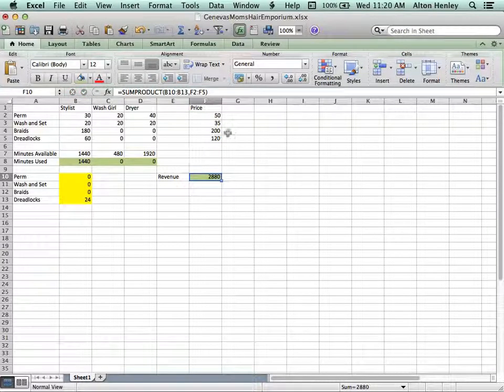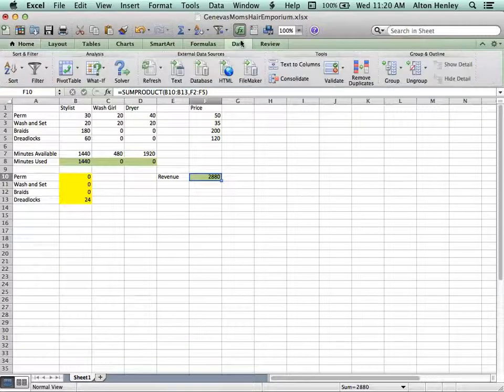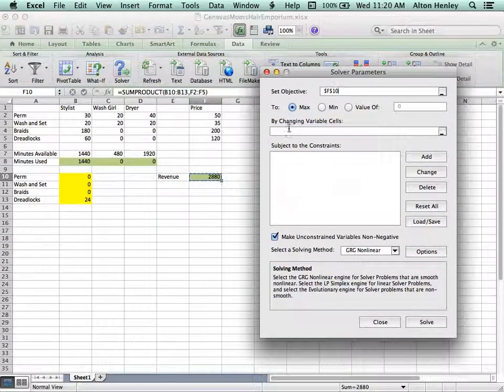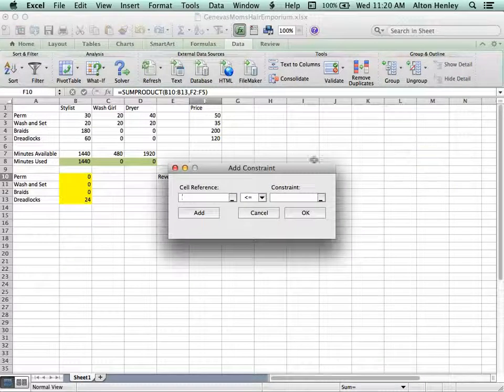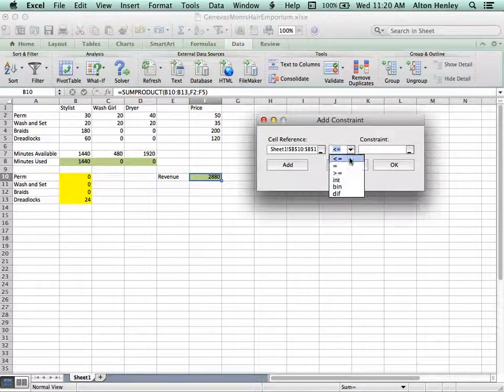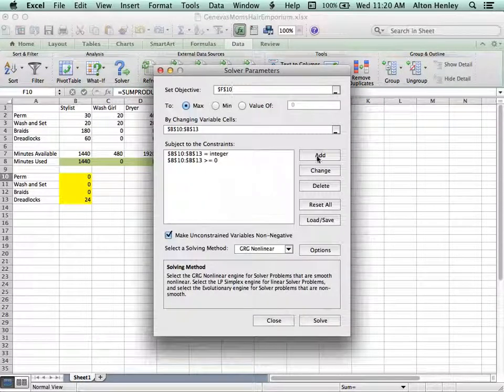Now, as far as maximizing this is concerned, I need to go into solver. My objective is my revenue, which I'm trying to max. The cells that are changing are my decisions. And as far as constraints are concerned, I want my changing cells to be an integer, and I want my changing cells to be greater than or equal to 0, which is pretty standard.